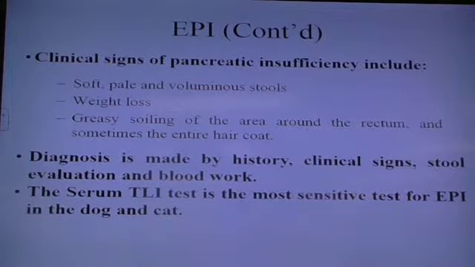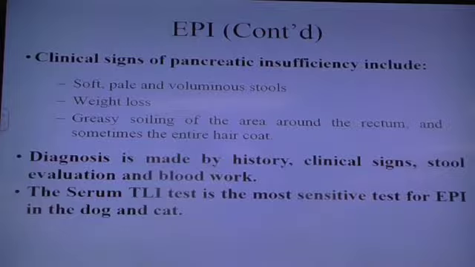Okay? And basically your diagnosis is made by history, clinical signs, stool evaluation, and blood work, because what does all that involve? Clinical pathology, right? What are you all sitting in right now? Clinical pathology, okay? Now the serum trypsin-like immunoreactivity test is the most sensitive test for diagnosing exocrine pancreatic insufficiency in the dog and also in the cat.